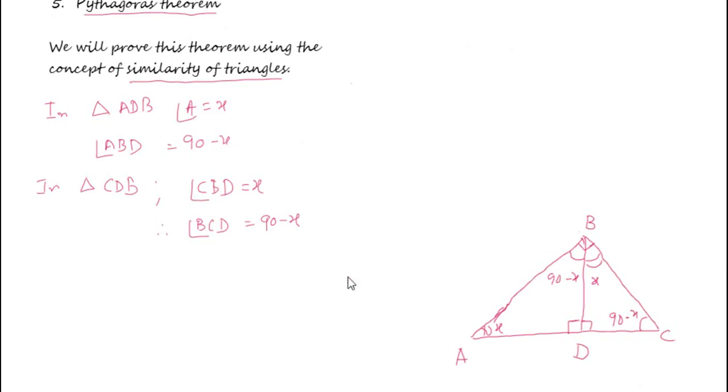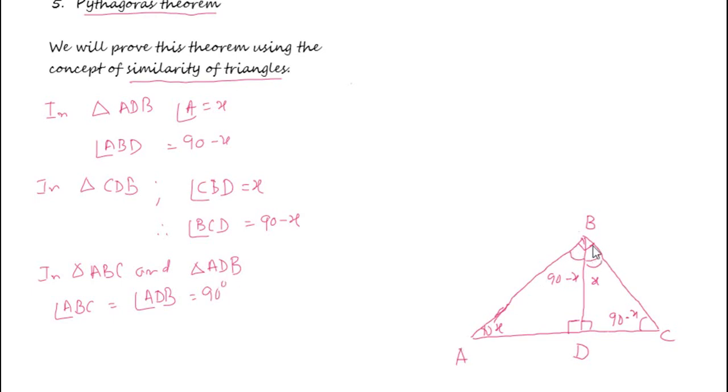I have moved this triangle down here now. Now in triangle ABC and triangle ADB, ABC is the entire triangle, ABD is this triangle. Angle ABC equal to angle ADB, that is 90 degree.